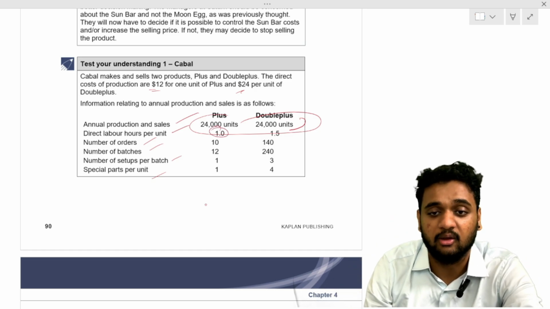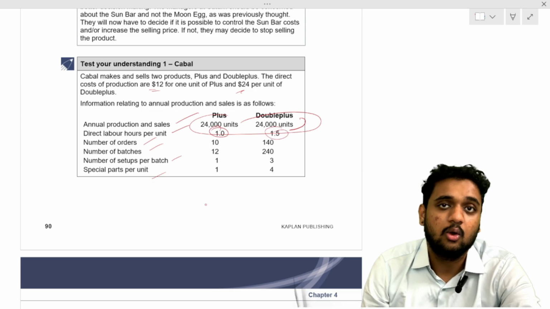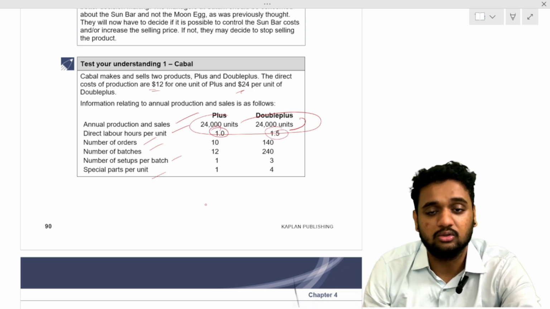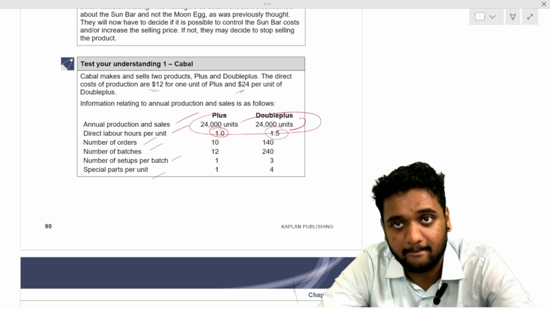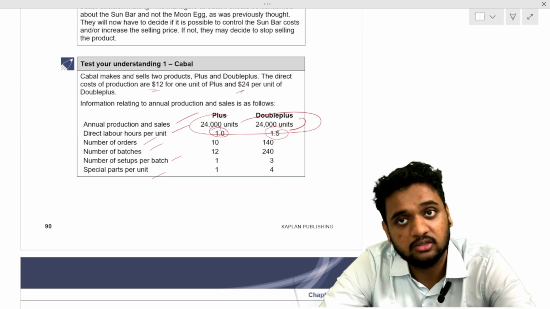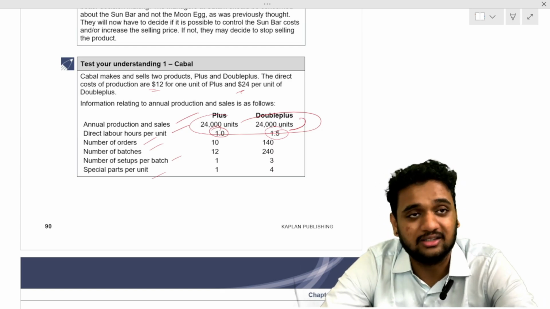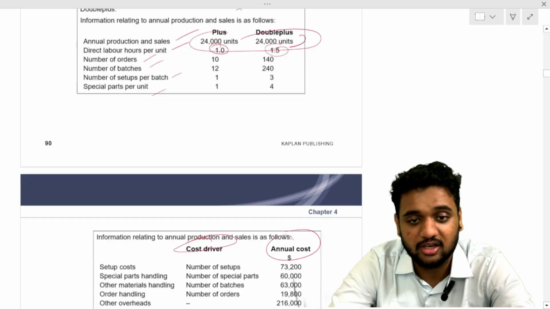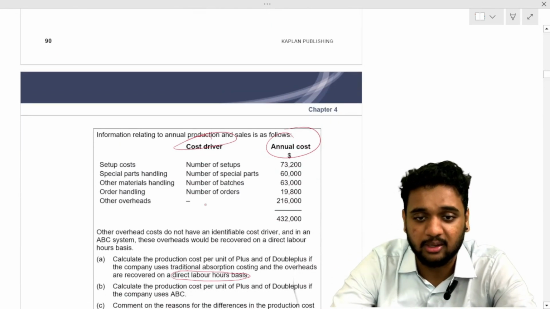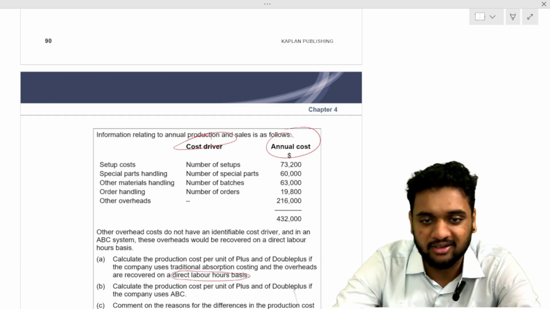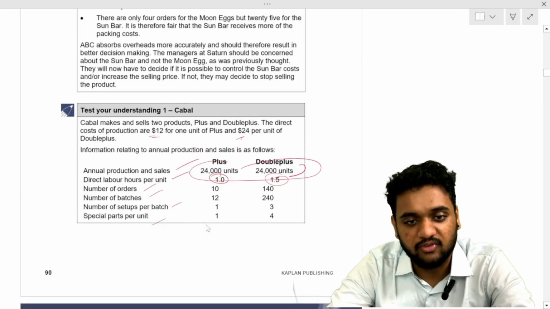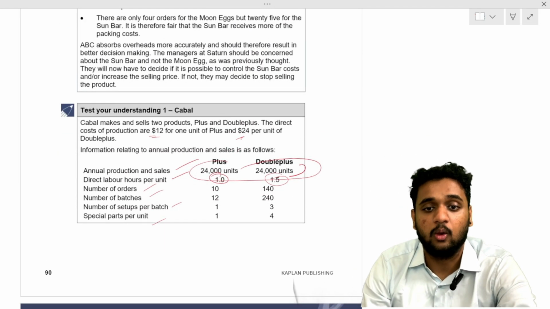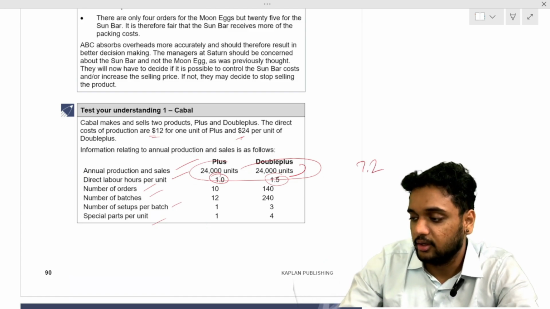Overhead cost of 1 unit of Double Plus is 1.5 into 7.2. Understood? This is using the traditional absorption costing method. Now what method do we have to use? ABC costing. Every cost you have to do separately, and one by one you will see how to allocate.